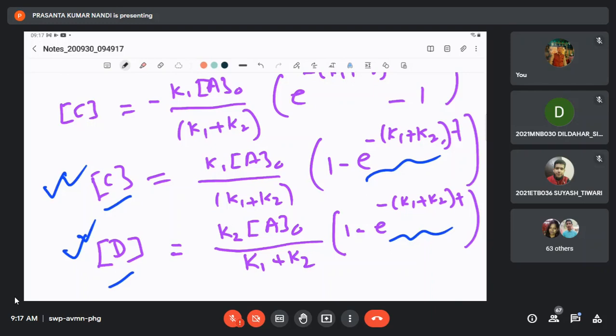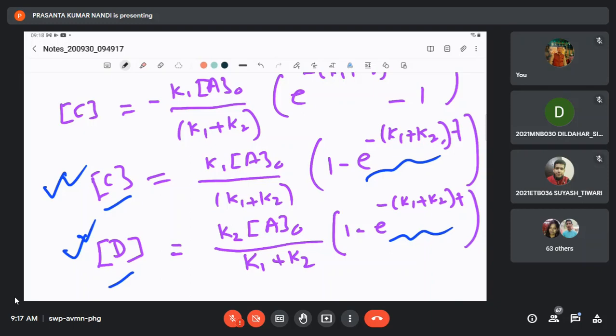Okay, and it is very interesting to see that the constant quantity that appears before the parenthesis is almost similar, right? Since product C is formed in the first step, you can easily remember that the rate constant that appears in the numerator is K1, and that of D, because D is formed in the parallel reactions, is rate constant K2.